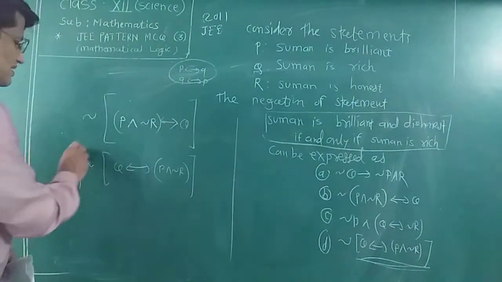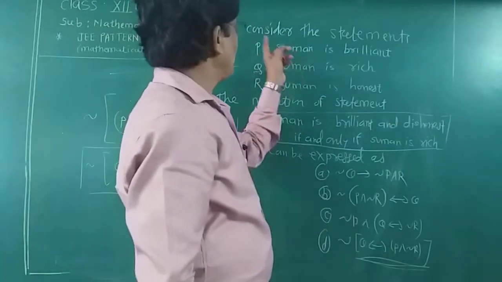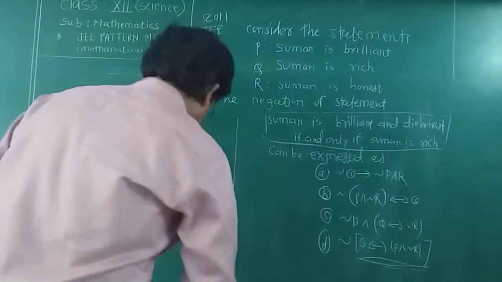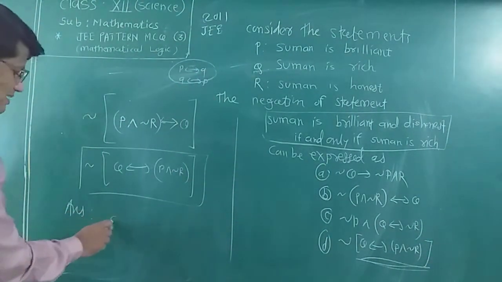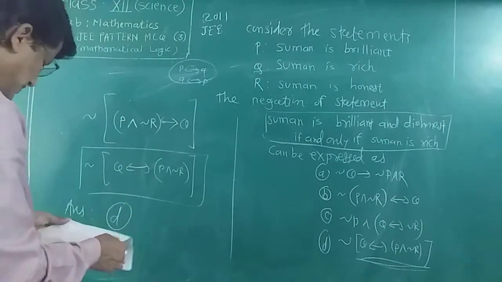So this is our final answer. Here it is already given; we have to represent it in negation form. So our answer is D. D means this option here. Okay.